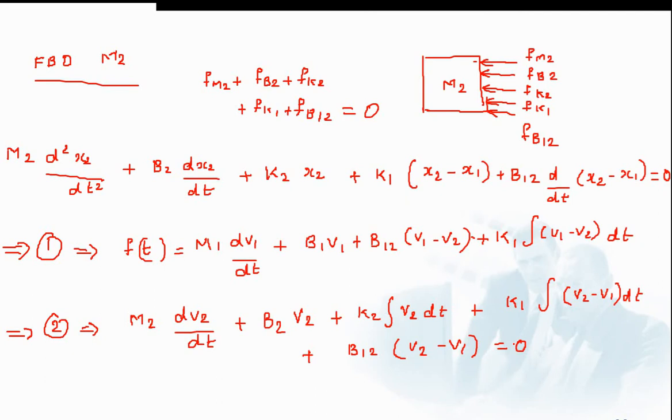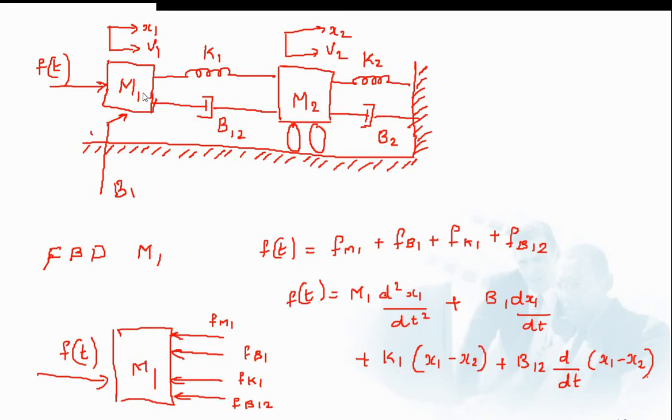As you can see in the diagram, there are two masses M1 and M2. Hence, in the force voltage analogous circuit, there will be two meshes.